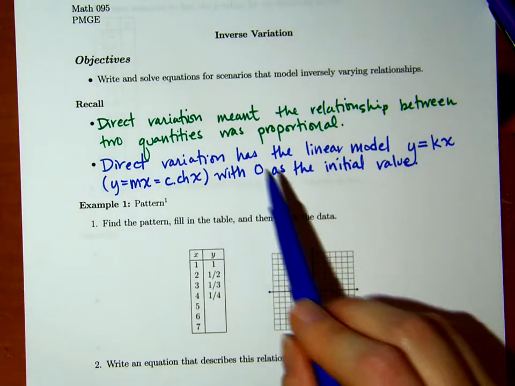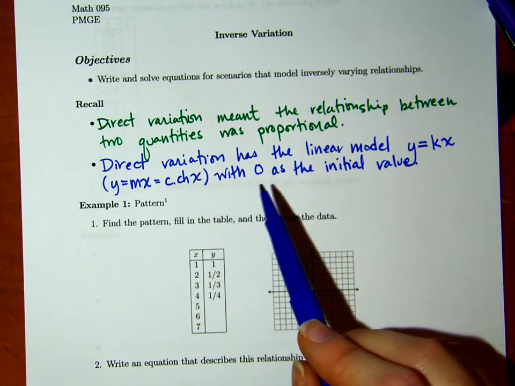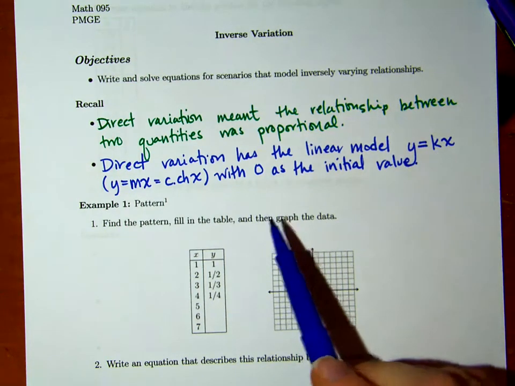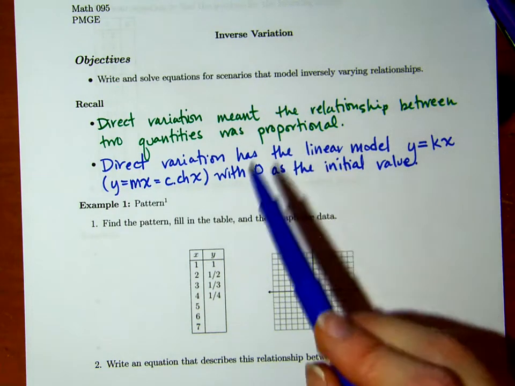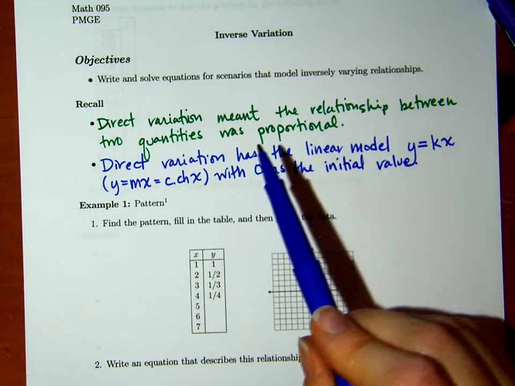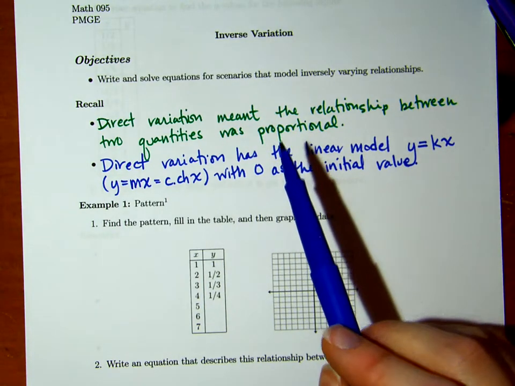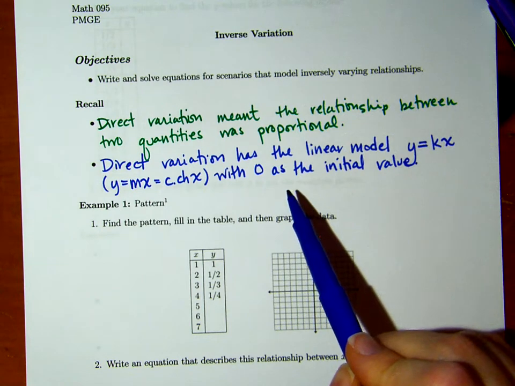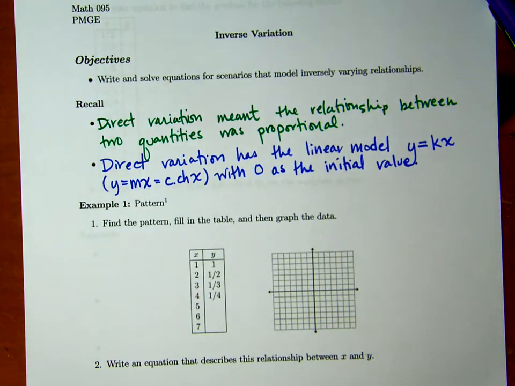And if you have $0, then you will get 0 yen, or $0 exchanges for 0 pesos, exchanges for 0 rubles. So they definitely have a linear model where the initial value is 0, and they're proportional. So when we're thinking about financial currency exchanges, that is definitely an example of this.